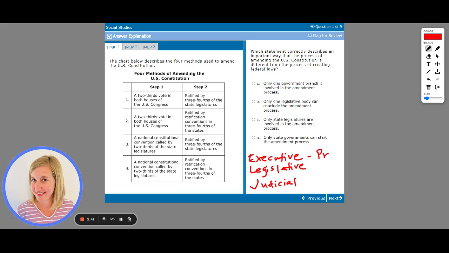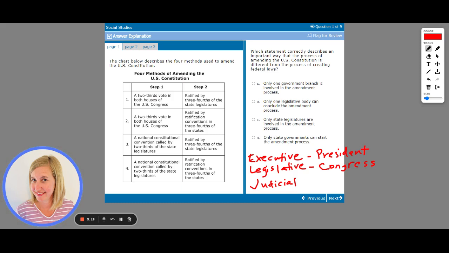Executive refers to the president. And legislative refers to the lawmaking body. And I remember that in my head because they both start with L. And legislative comes from a root word that has to do with laws. So the lawmaking bodies are in Congress, the House of Representatives and the Senate. Those 2 bodies are the legislative bodies.